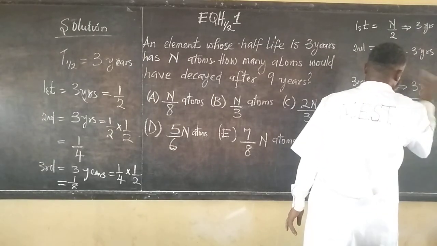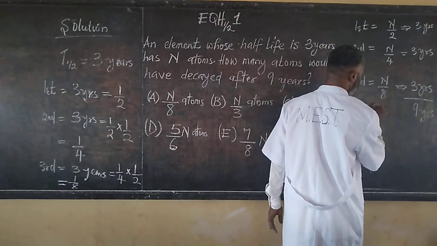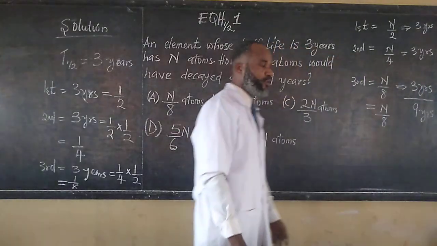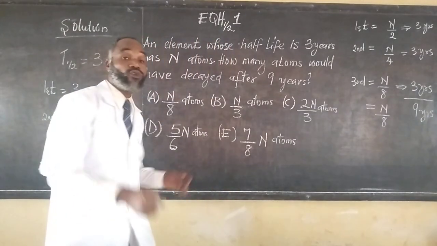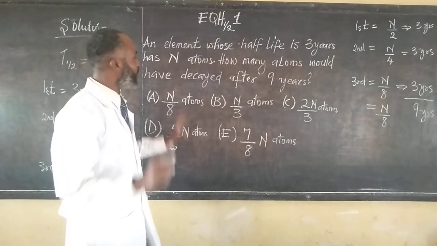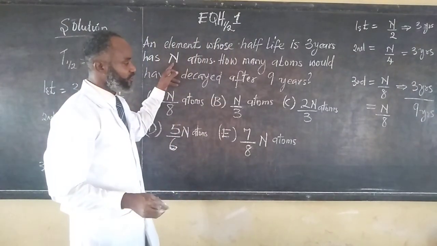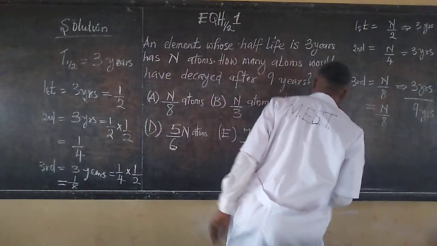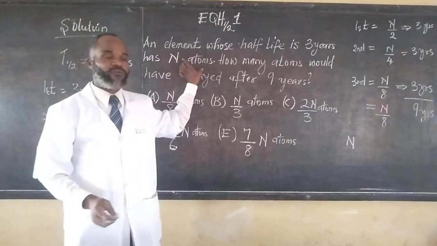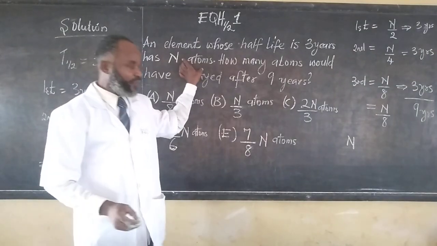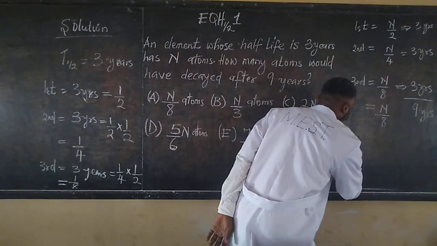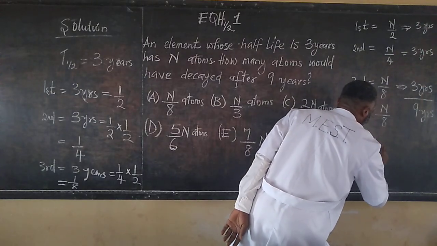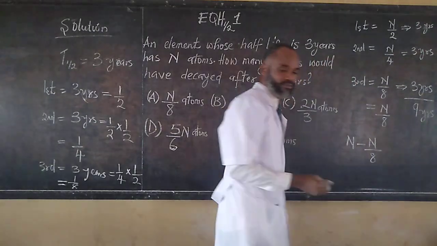How many atoms are left here is N/8. But there is something here. We need to know the fraction: how many would have remained after this? So what we need to do is N, which is the atom itself, minus what we have after 9 years, minus N/8.